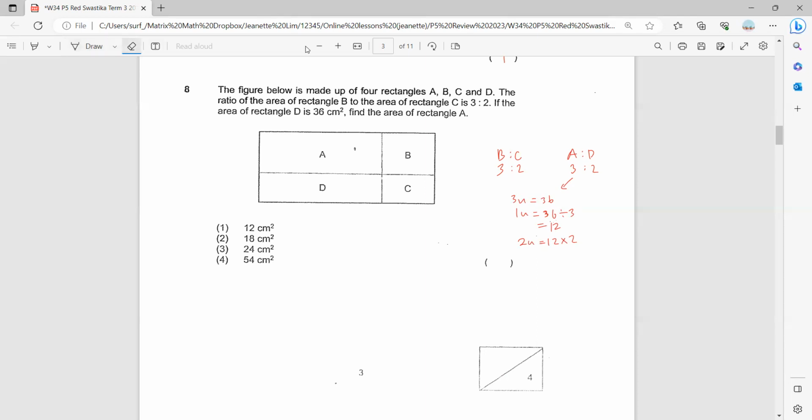D is 36, not A. Okay, again. Let's write it here. D is 36, so we take 36 divided by 2, 18. To find A is 18 times 3, which is 54. So the answer is the 4th one.